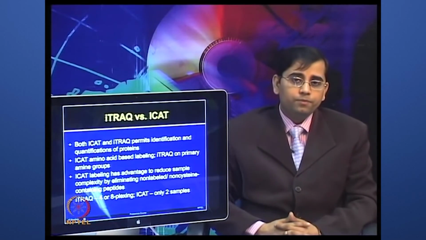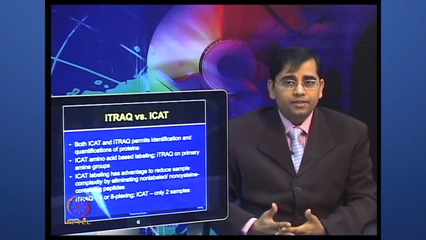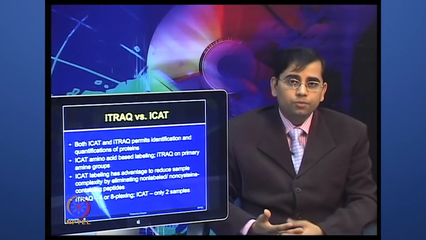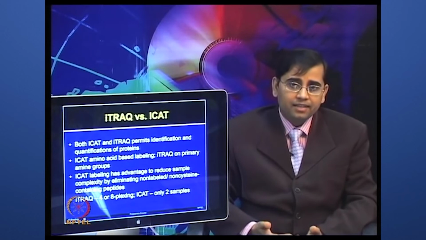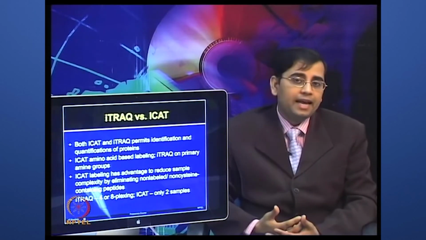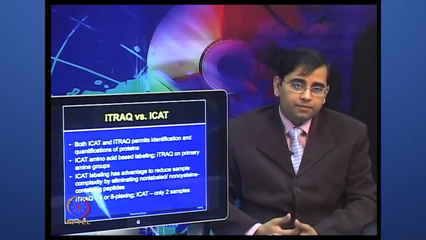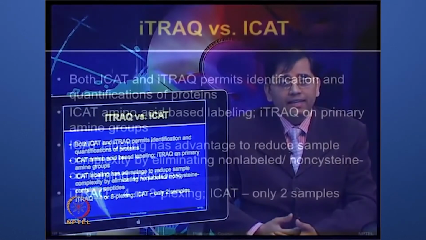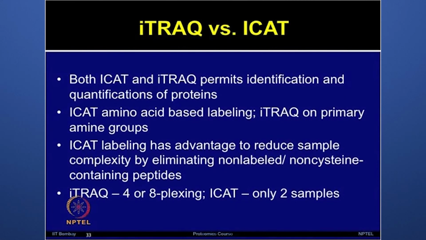So, we will now talk about comparison of iTRAQ with ICAT, isotope coded affinity tagging. Both ICAT and iTRAQ allow the identification and quantification of proteins.